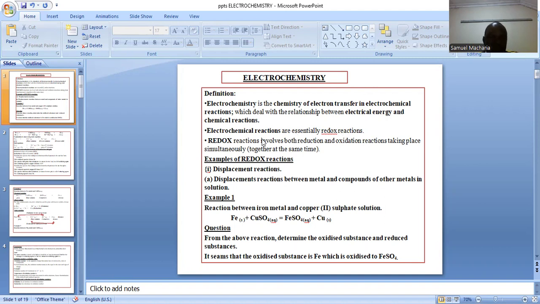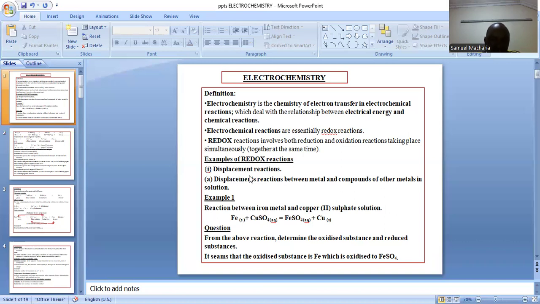In Form 1, I remember we said that redox reactions are reactions that involve both reduction and oxidation taking place at the same time, or simultaneously. An example of a redox reaction that I want us to consider is displacement reactions.